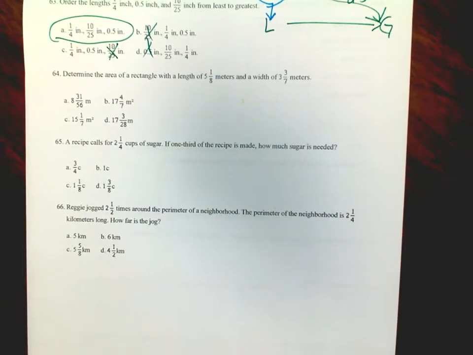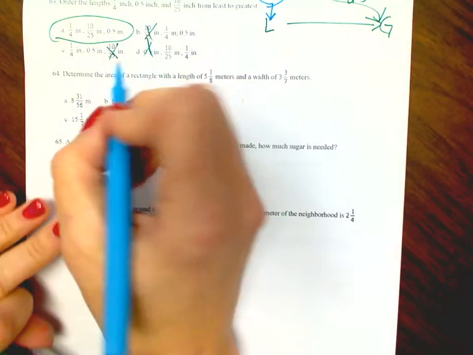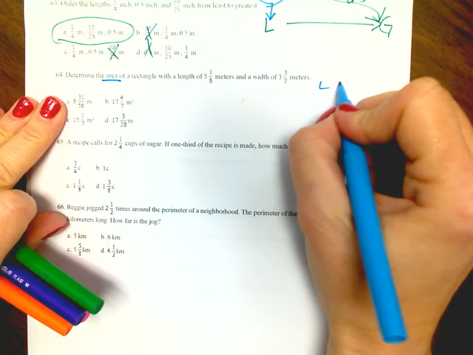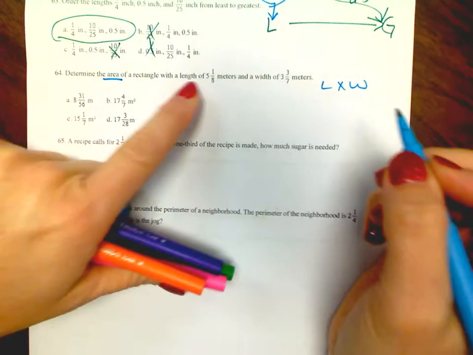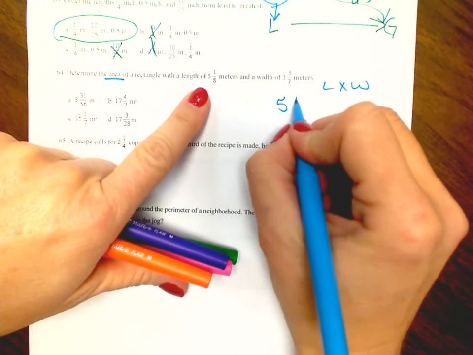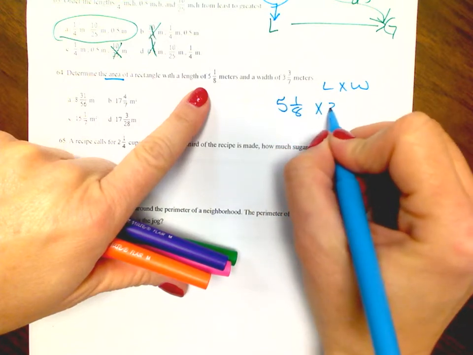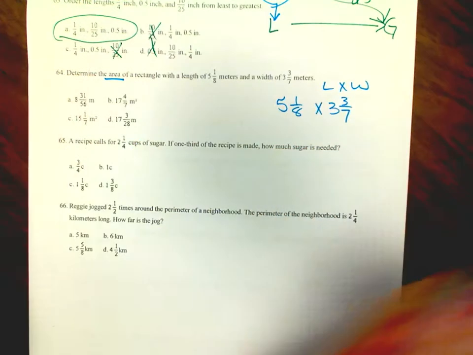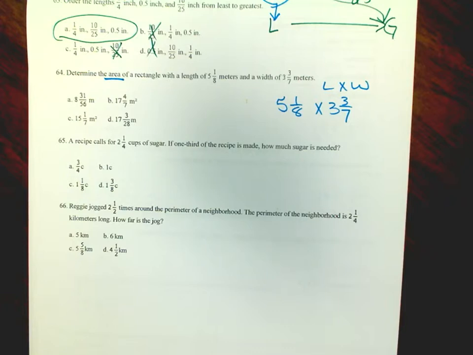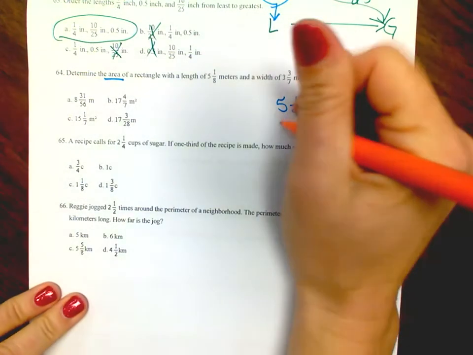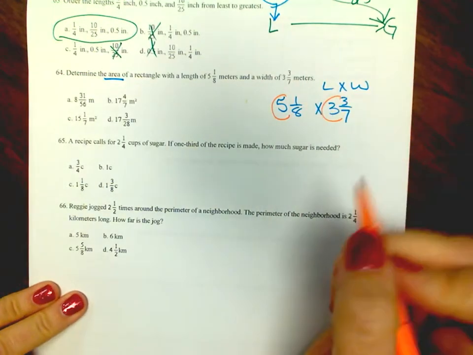64. Determine the area of a rectangle with the length of 5 1/8 meters and the width of 3 3/7 meters. When you're finding the area, it's length times width. So your length is 5 1/8 times 3 3/7. Do your C trick.